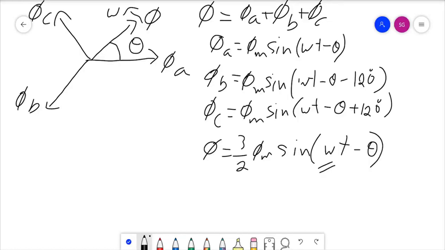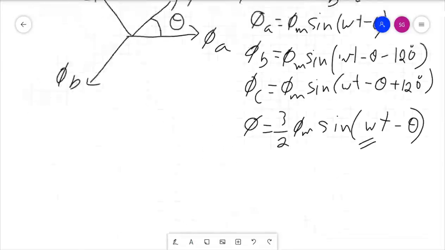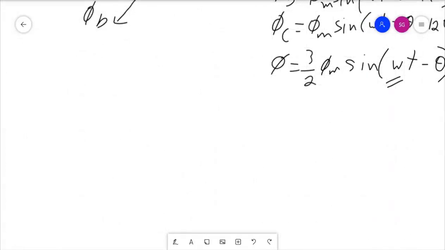So let us see how this resultant component looks from different reference frames. Let us take a stationary reference frame.